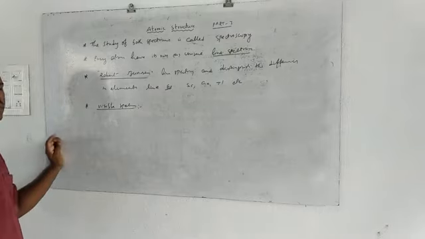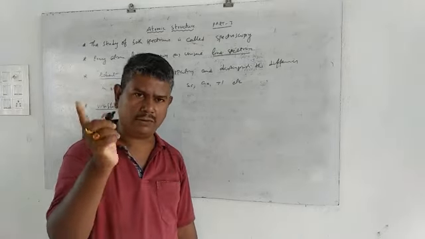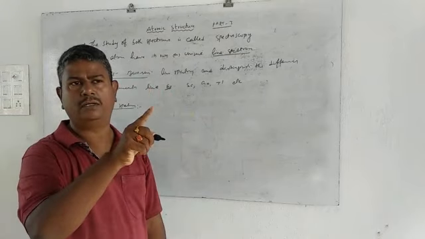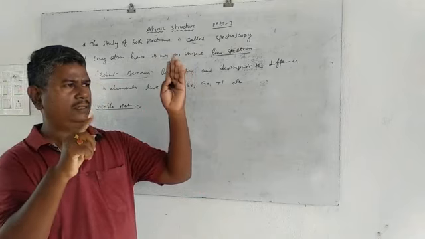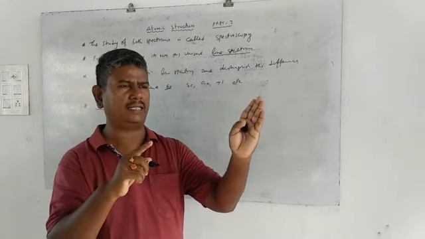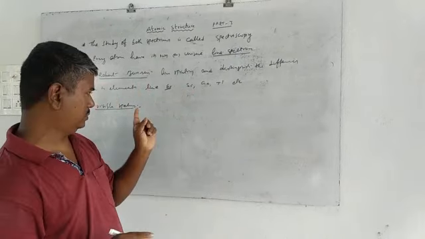Visible spectrum. Visible spectrum generally was already covered in our previous video about electromagnetic waves. After gamma, X-ray, UV, we get the visible region.